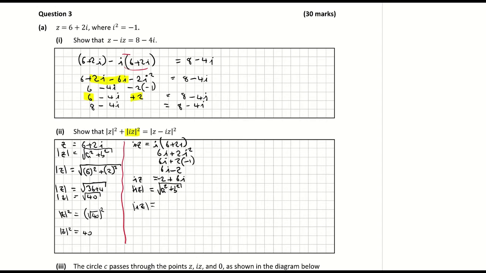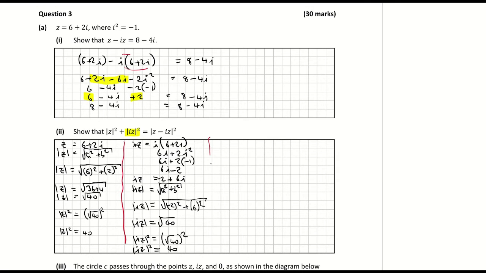So the modulus of iz is equal to the square root of minus 2 all squared plus 6 all squared, which once again is giving me 4 plus 36, which is the square root of 40. And once again, they want us to get the square of that. So it's the square of the square root of 40, which is equal to 40. And you can see that that's the same as the modulus of z squared.